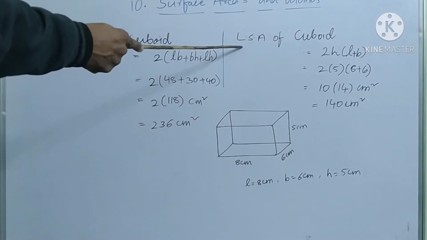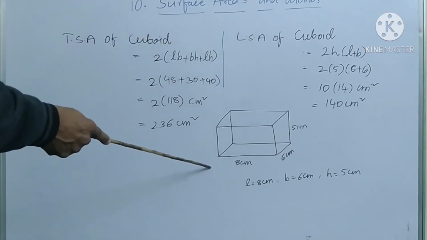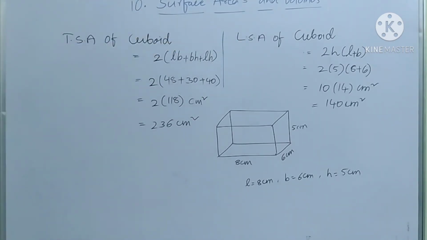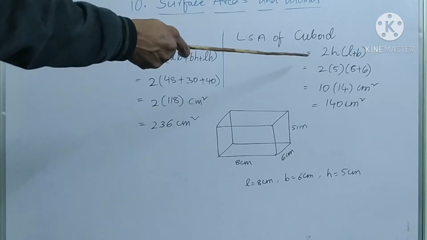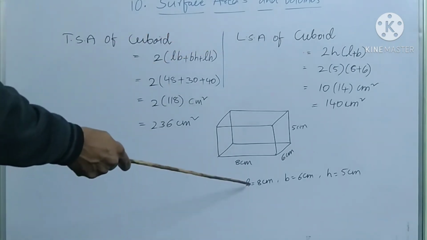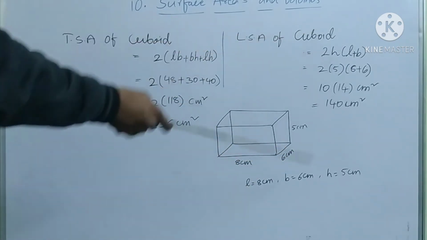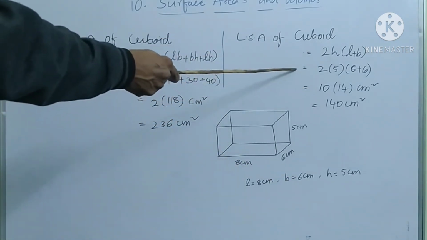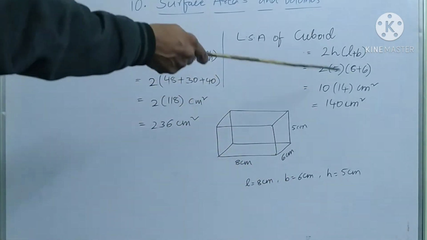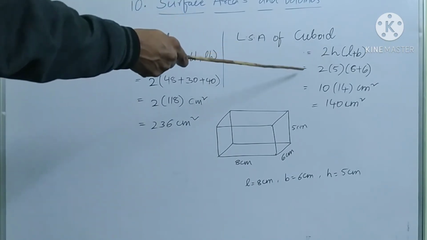Next one, lateral surface area of cuboid. Lateral surface area means the area of the four sides, and the formula is 2h into (L plus B). Here h is 5 centimeters, L is 8 centimeters, B means breadth 6 centimeters. Substitute these values instead of L, B and h.